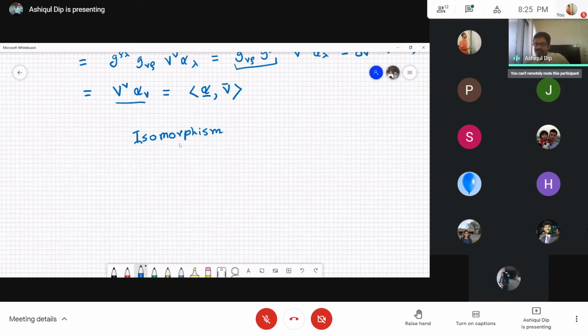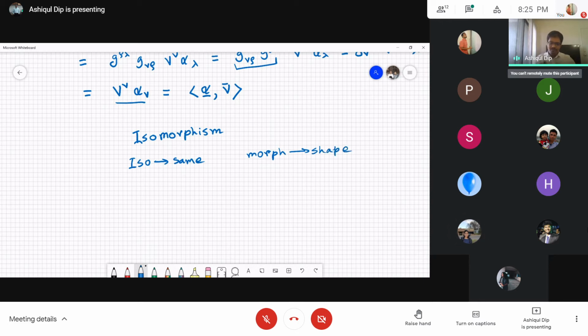So iso means same, right? And morph, what does it mean? Morph is shape.